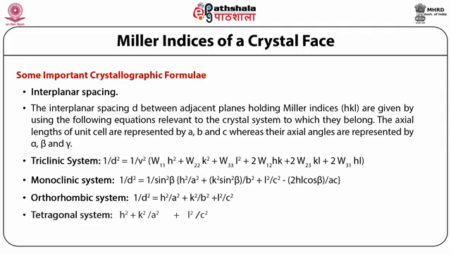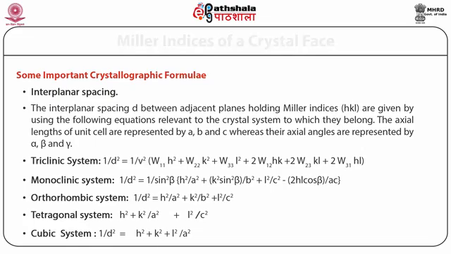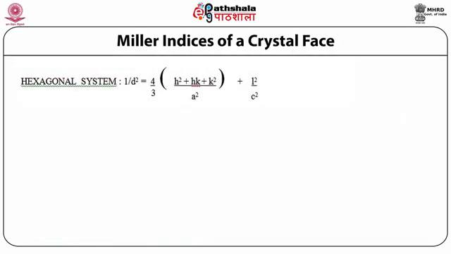For a tetragonal system, 1 upon d squared is equal to h squared plus k squared upon a squared plus l squared upon c squared. For a cubic system, 1 upon d squared is equal to h squared plus k squared plus l squared upon a squared. For the hexagonal system, the formula is 1 upon d squared is equal to 4 by 3 into h squared plus hk plus k squared upon a squared plus l squared upon c squared.